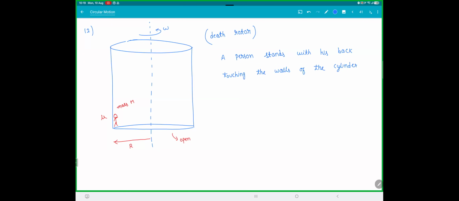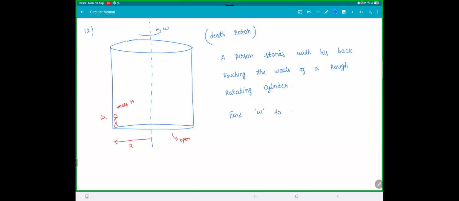Right, touching the walls of a rough rotating cylinder. So find omega so that he does not slide down.